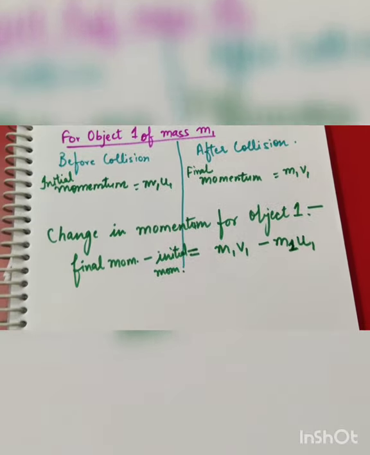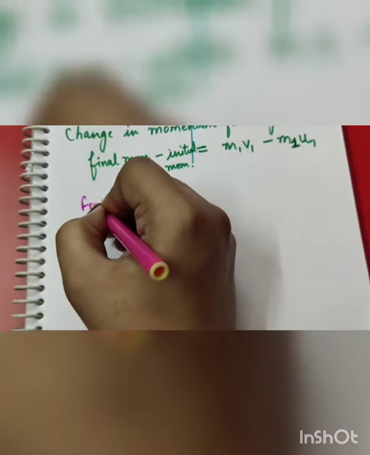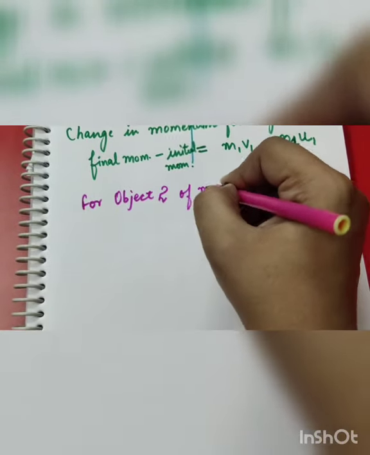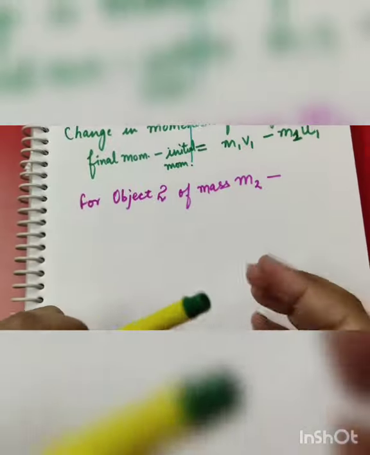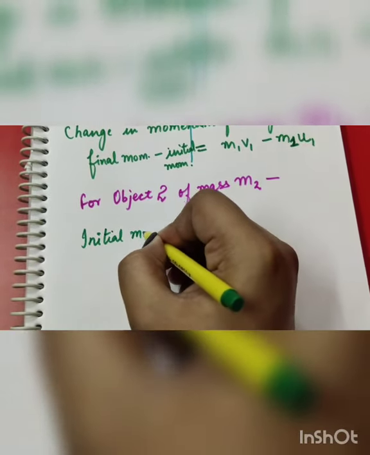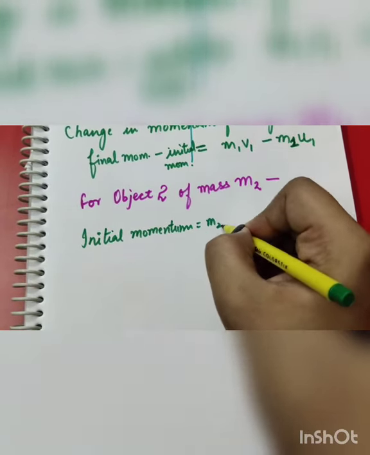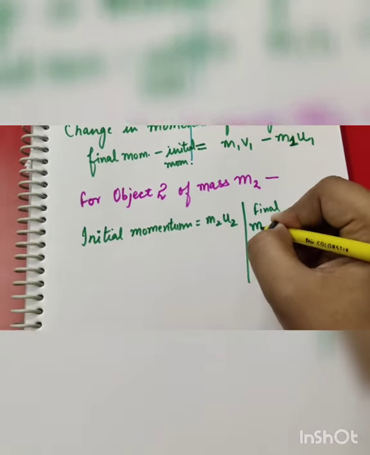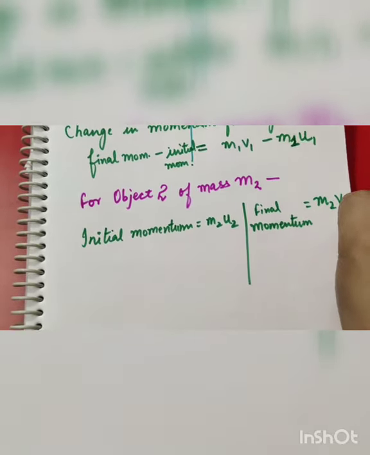You have to repeat this for the second object. So for object 2, of mass m2, we'll do the same thing. I will find out initial momentum, that is m2 u2, and final momentum, that is m2 v2.